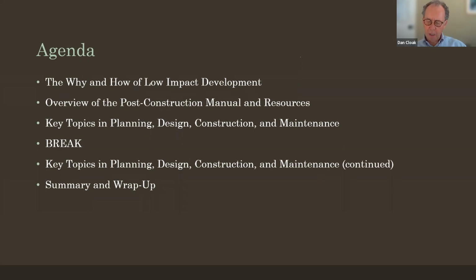We'll have a topic on what needs to be shown on construction drawings, some of the details of bioretention construction and design. A little section on bioretention soils. Might not be the most important overall thing in the picture, but it sure comes up a lot, is how to ensure that the planting material is functional.